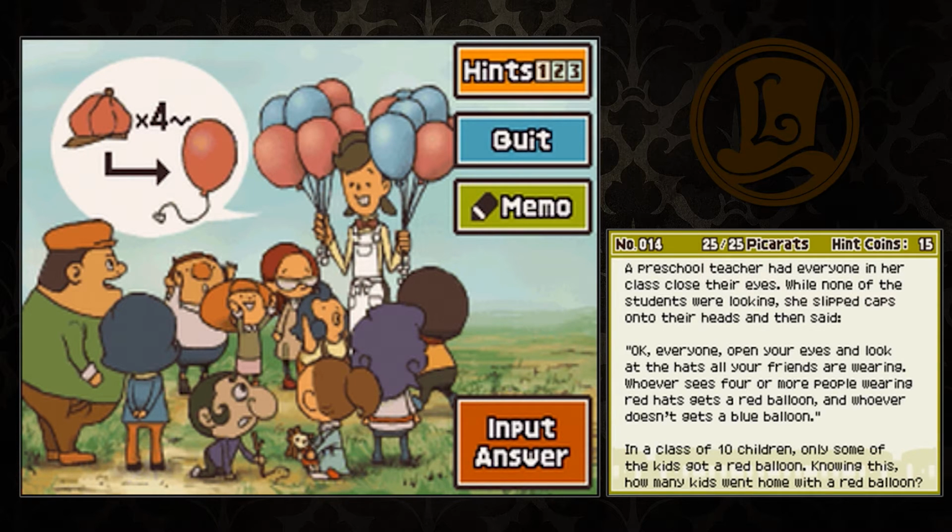Let's see, I suppose if there were 5 hats, everyone would have gotten a red balloon, because even if you're wearing a red hat, you would see 4. So that means that there were 4? Could it be less?